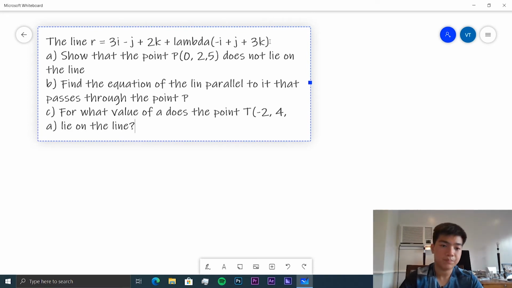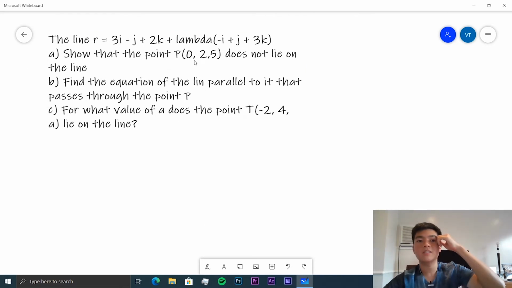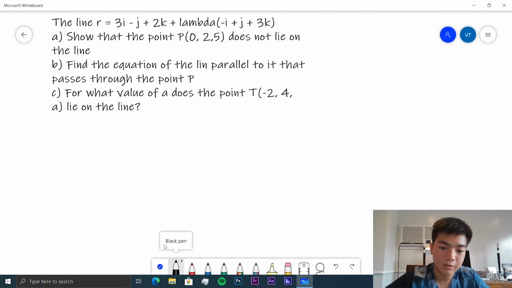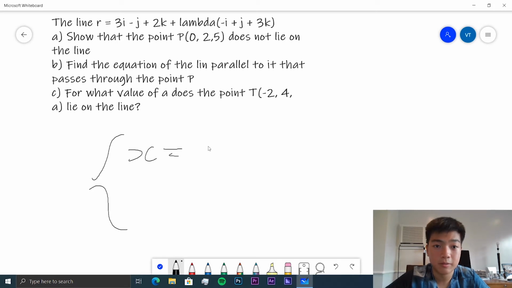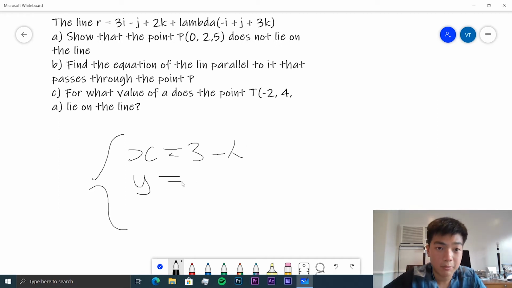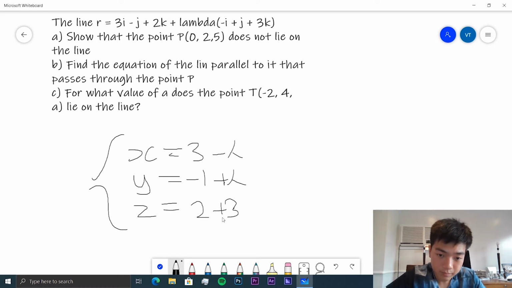Okay, so in order to show that this point doesn't lie on the line, we're going to have to convert into parametric. So x is equal to 3 minus lambda, y is equal to -1 plus lambda, and z is equal to 2 plus 3 lambda.